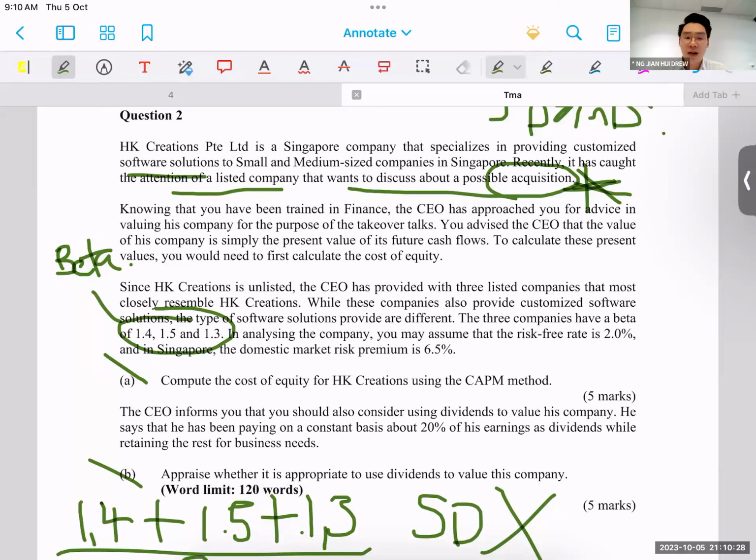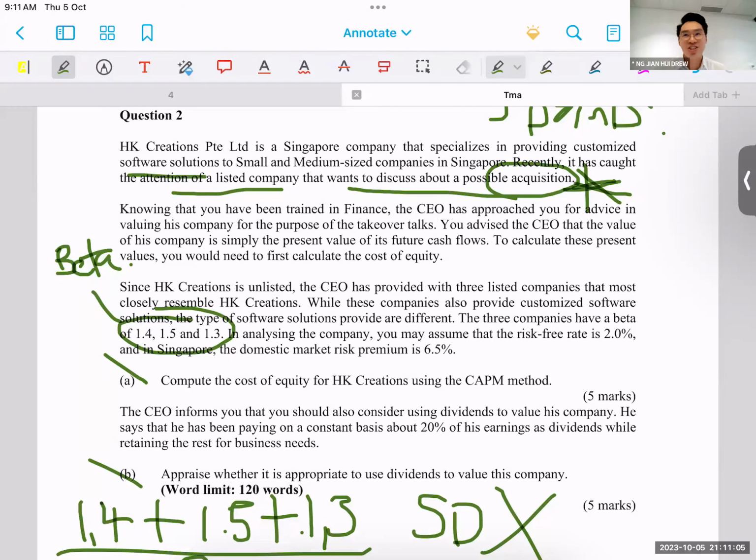At the end of the day, you're doing a valuation for an acquisition, right? When you do an acquisition, what does this mean? You are acquiring the firm. So remember when we talk about DDM, I mentioned that for DDM, you are generally a non-controlling minority shareholder, because your purpose is just getting dividends, right? You're not talking about capital appreciation. But in this case, the purpose is acquisition. So it is inappropriate to use dividends to value the firm. Because if you're acquiring the firm, you're not going to get dividends.